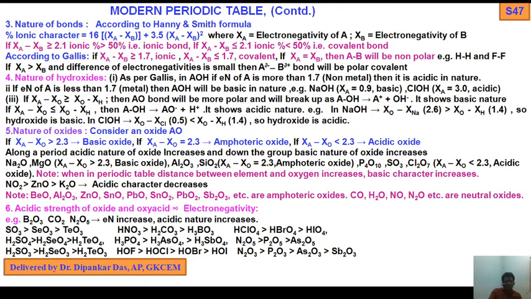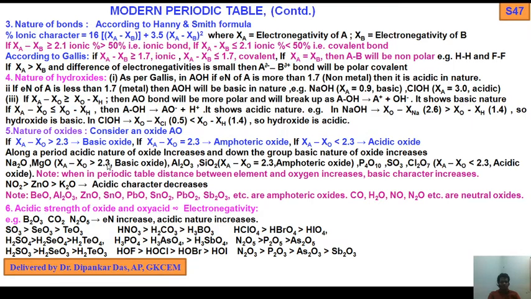Nature of oxides. Consider an oxide AO. If chi O minus chi A is greater than 2.3, then it is called a basic oxide. If chi O minus chi A equals 2.3, then it is called an amphoteric oxide. If chi O minus chi A is less than 2.3, then it is called an acidic oxide.